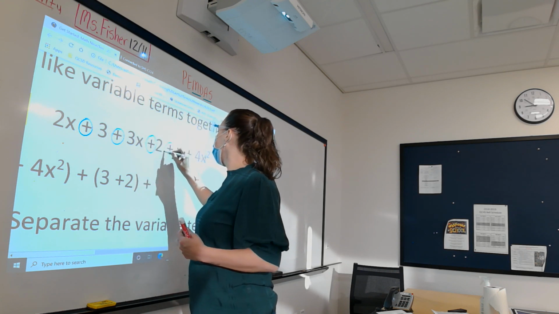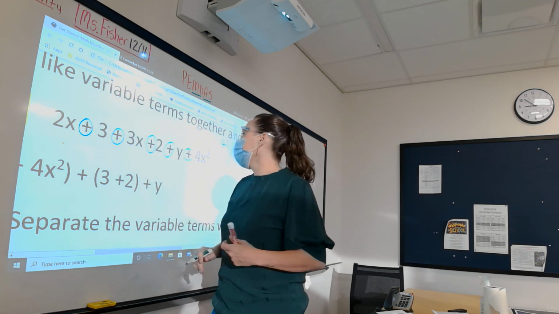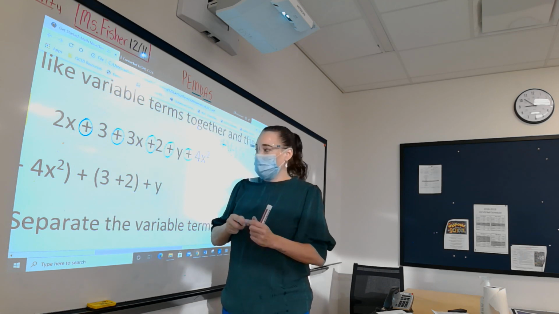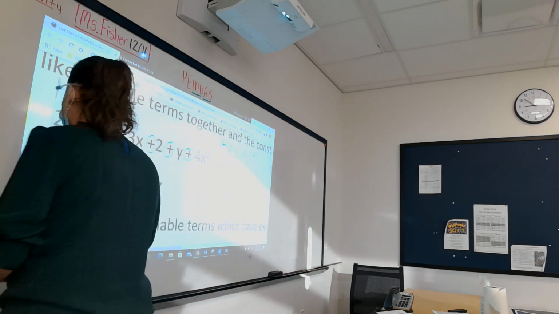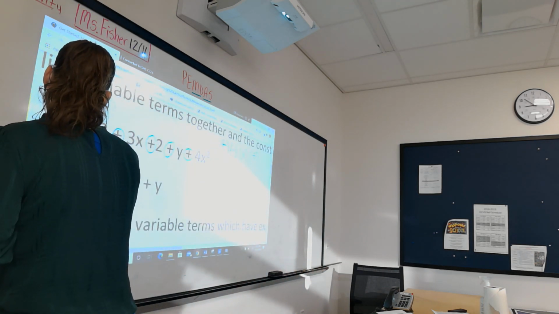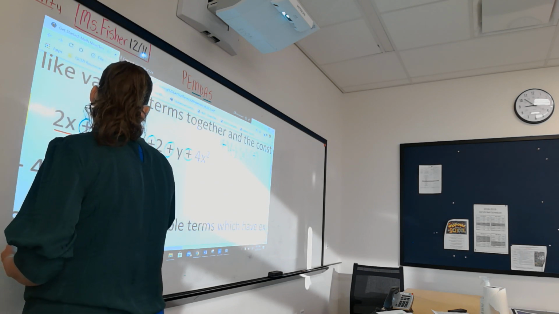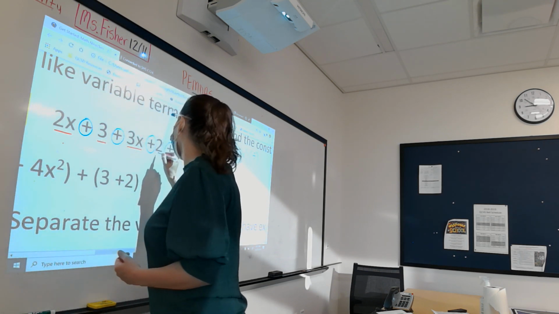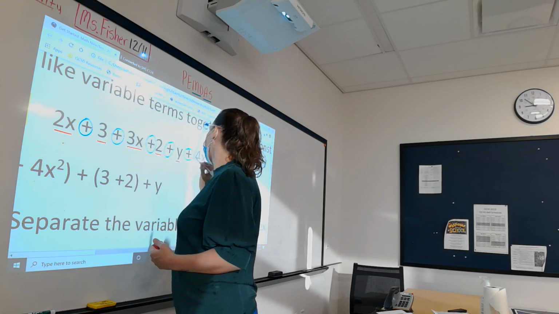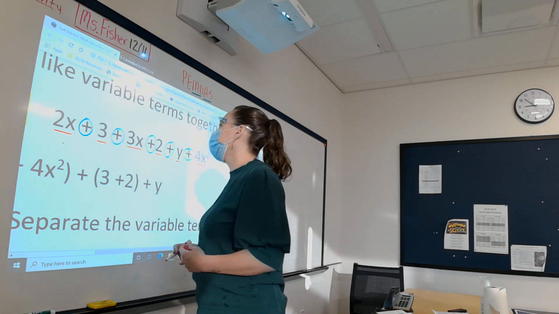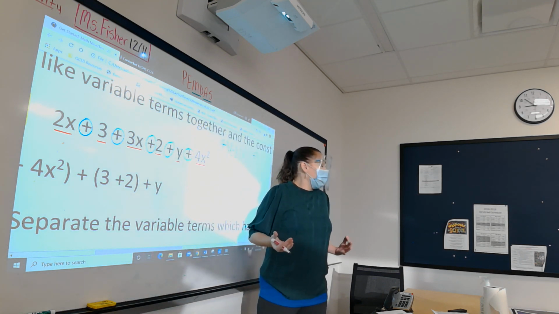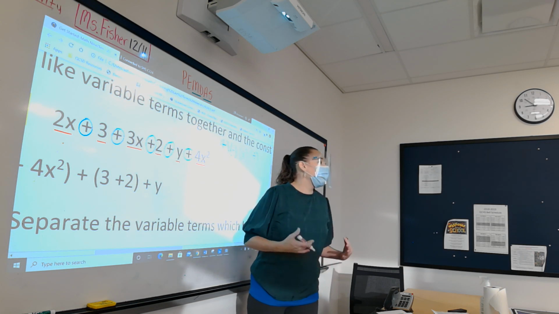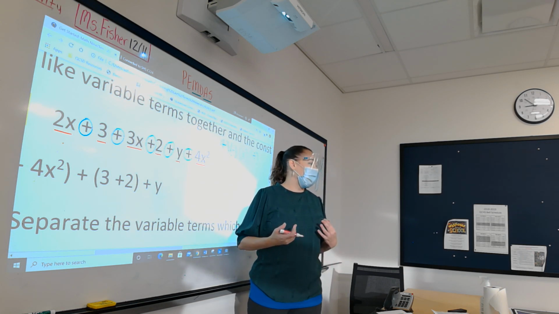So I'm going to circle all the operations you see, and then I'm going to underline all your different terms. So I have 1, 2, 3, 4, 5, 6. So this looks very complicated because there's so many terms, okay?